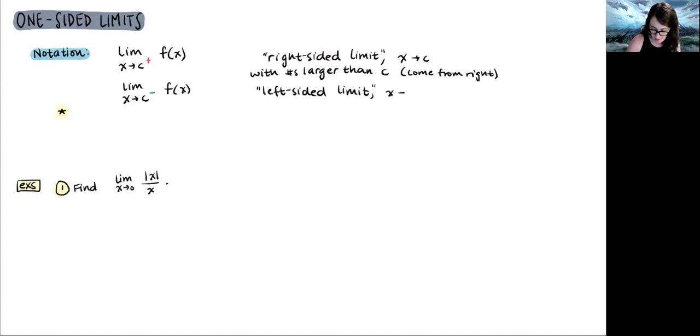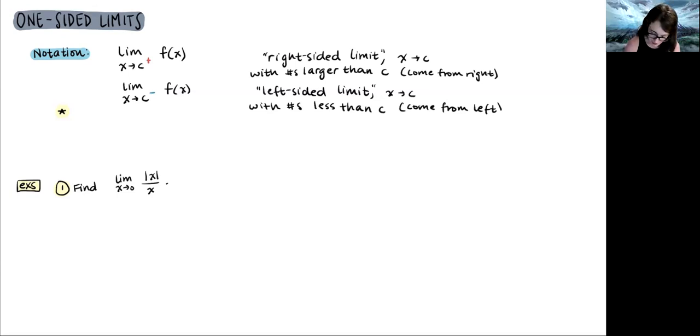We still let x approach c, but now with numbers that are less than c, or smaller than c. Again, it's called left-sided, but we are going to be coming from the left and moving towards the right when we're finding it. We'll just note here, coming from the left. We had to choose one, so this is just the standard way.